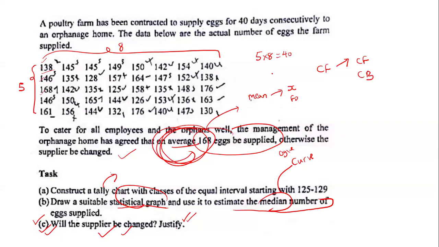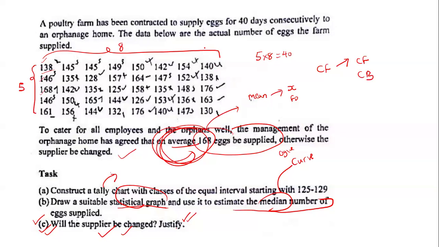Okay, Mugisa. Yes, my answer is that the supplier should be changed, because the average number of eggs that is supplied is less than the one that was agreed, which was 168.